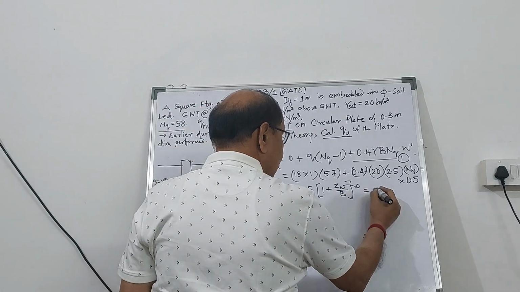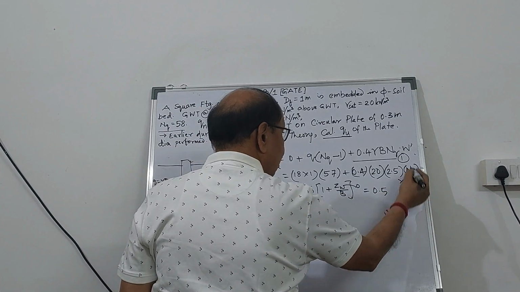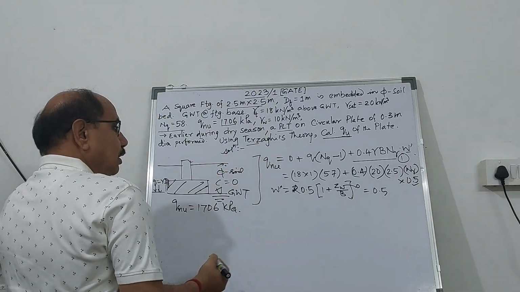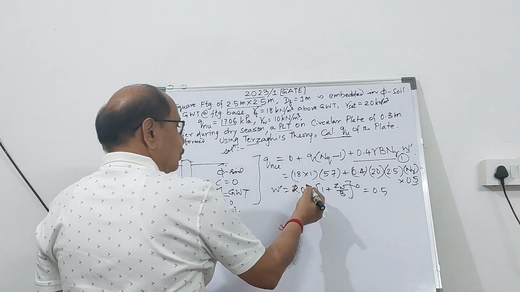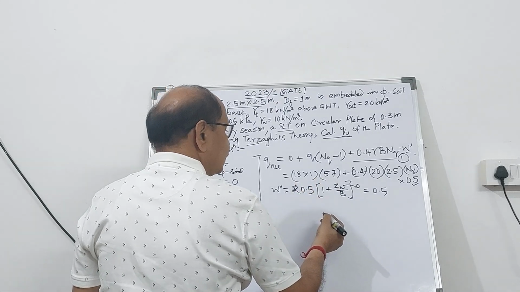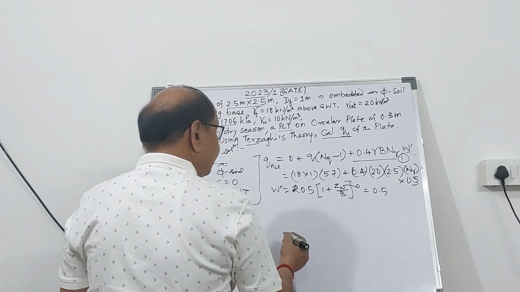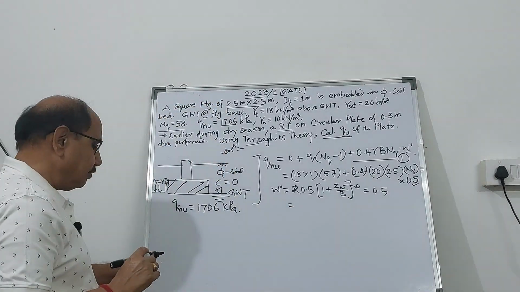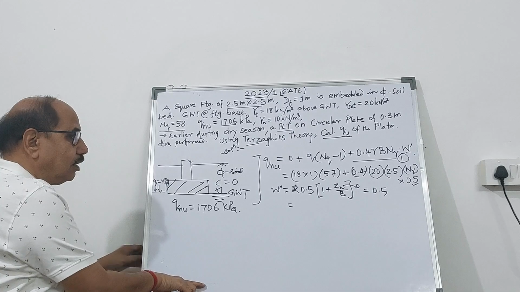So this becomes 0.5, and therefore W dash equal to 0.5. Now, if you simplify it, you will be able to get the value of N gamma.